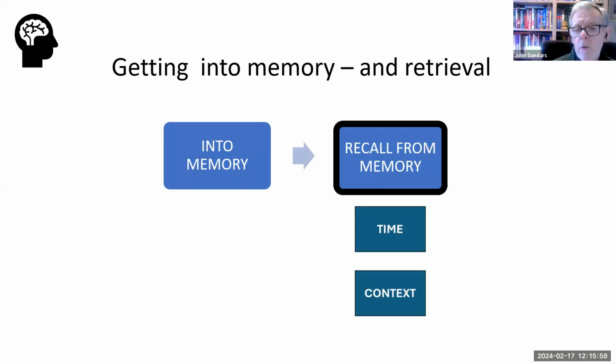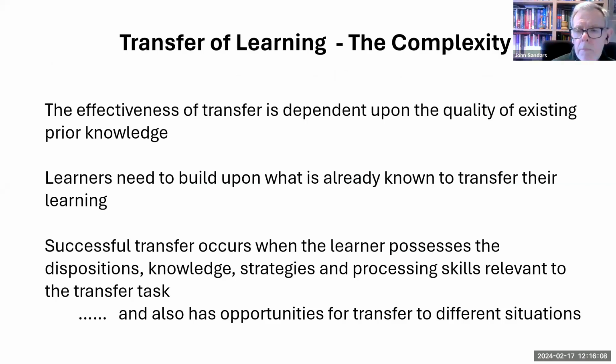And that will depend at the time from when you initially learnt it and in a particular context. But it's pretty complex because the effectiveness of transfer is dependent upon the quality of existing prior knowledge. If you haven't acquired conceptual understanding, you're going to find it difficult to transfer it to novel and different situations, especially long after the initial learning event.